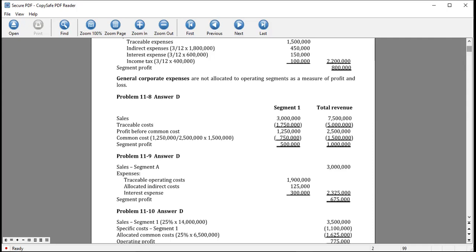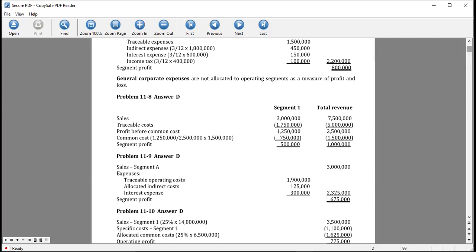In the current year, segment A had sales of 3 million, which was 25% of Hyde's total sales, and a traceable cost of 1.9 million.